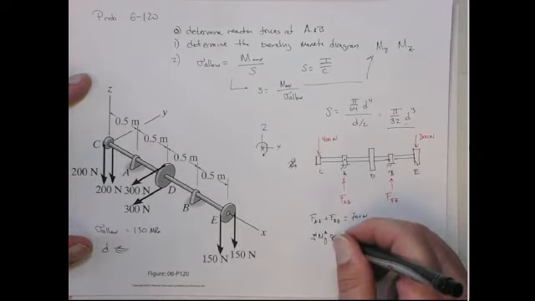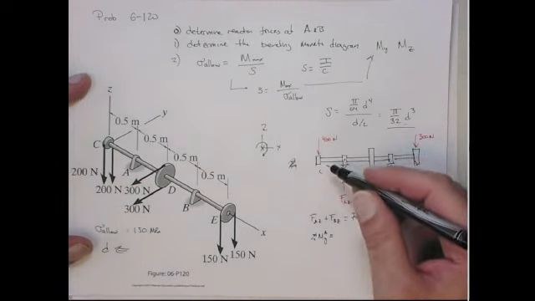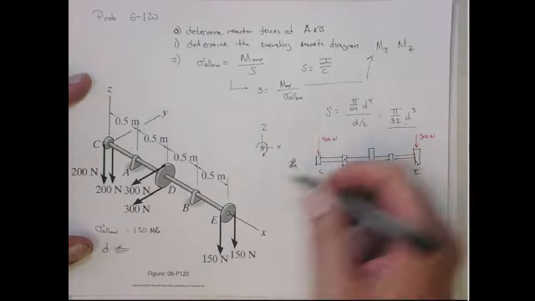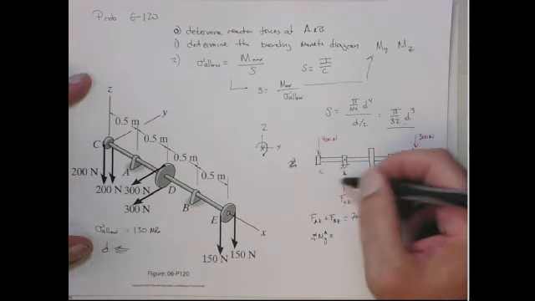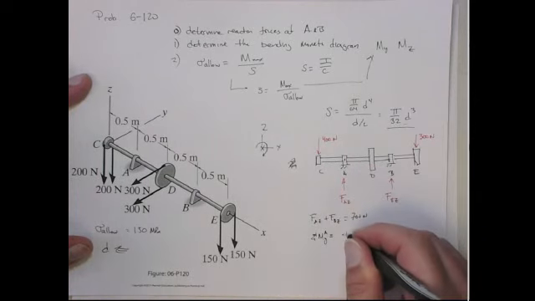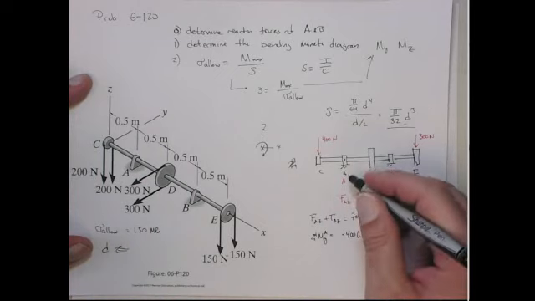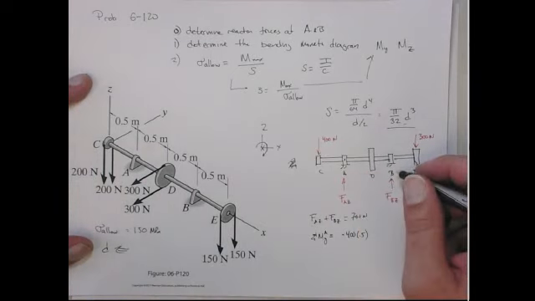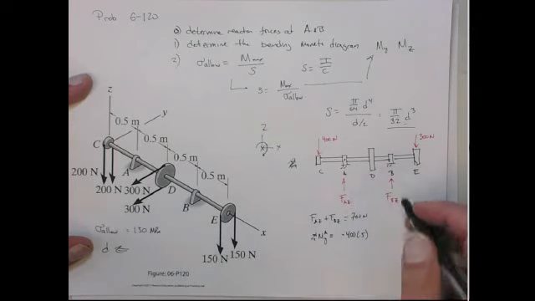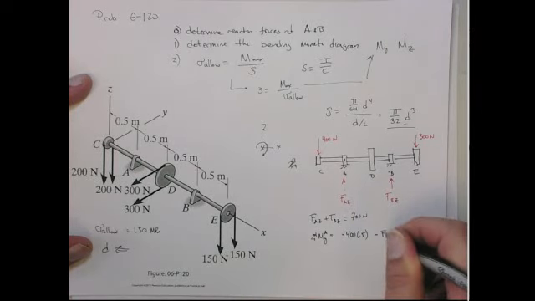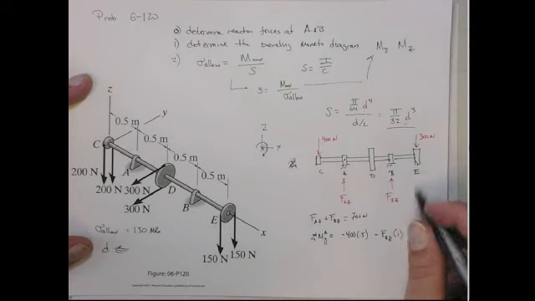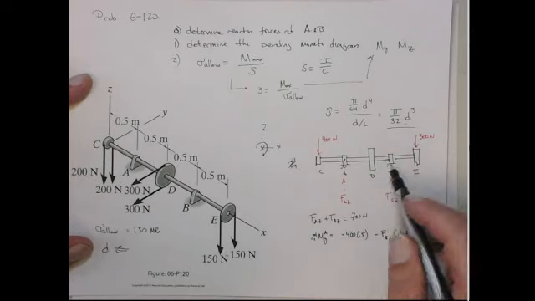And that's going to give me, each one of these is a half a meter, right? We got half meter, half meter, half meter. So the moment arm of this one around A, that's at negative 400 times 0.5. This one does nothing. This has nothing. Then we have another negative moment, FBZ. Its moment arm is 1. And then we have a positive moment of 300, and its moment arm is 1.5.